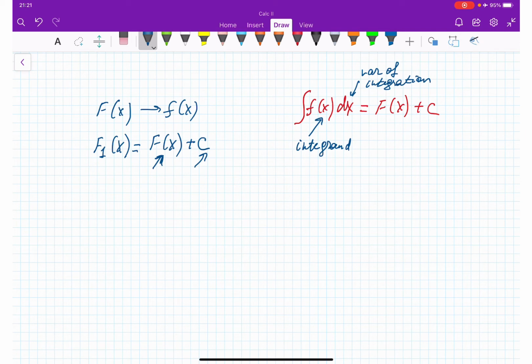Uppercase F of x is an antiderivative of lowercase f of x, whose derivative is lowercase f of x, and c is the constant of integration.